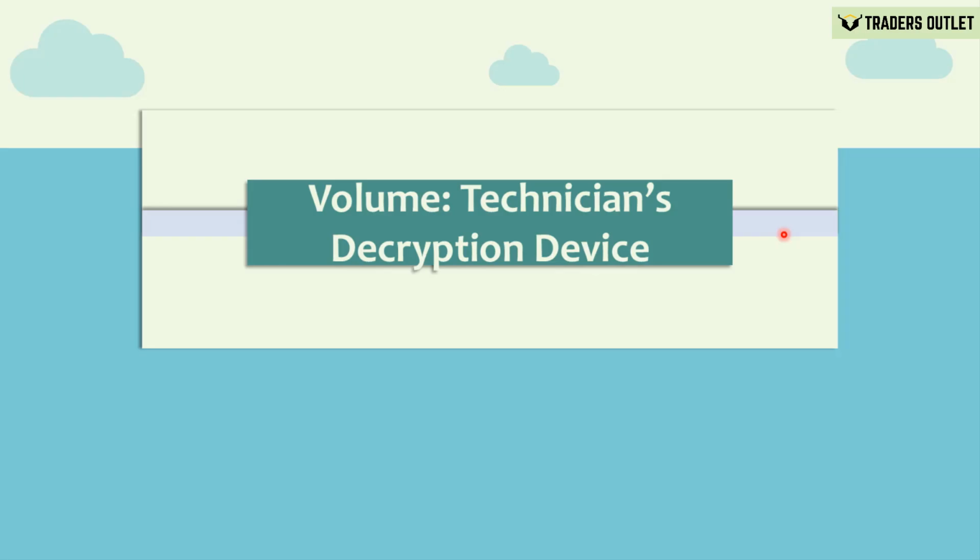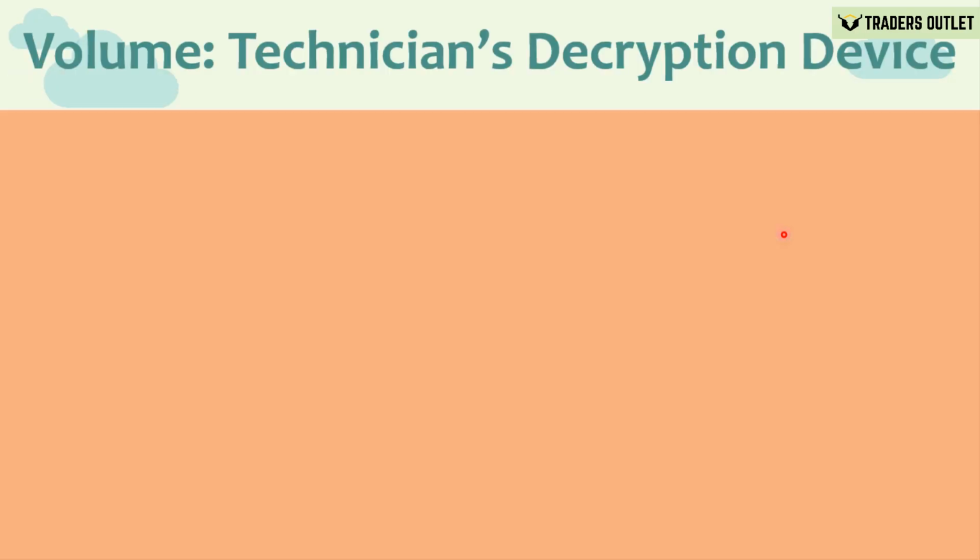And we'll see why we are calling it a decryption device. The reason being, volume helps us understand the mood of the market, the trend of the market, and what the general expectation from the market should be in the short period of time.